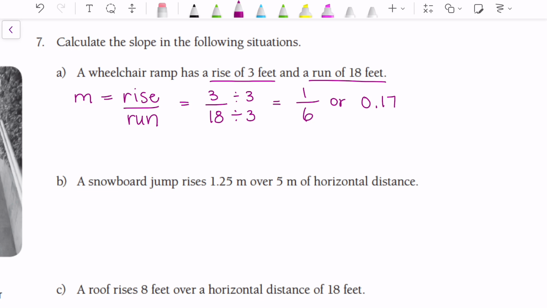have both situations. All right, next one says the snowboard jump rises 1.25 meters over 5 meters. Again, starting with your formula, 1.25 over 5.